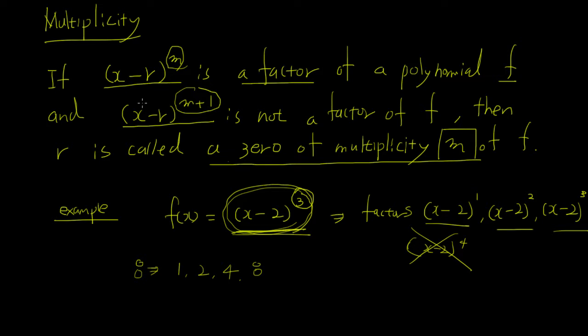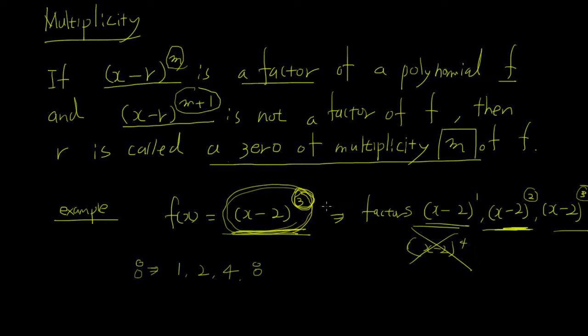So x minus r to the m is a factor of this polynomial, and not one bigger than this. In our case, 4 is not a factor. But m cannot be smaller either, because m plus 1, which is 3, is also a factor. If we say m is 3, then m plus 1, 4, is not a factor. So m must be 3.